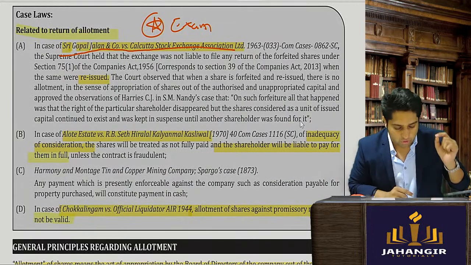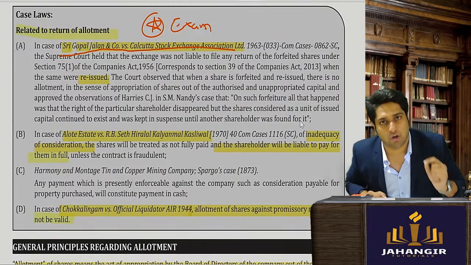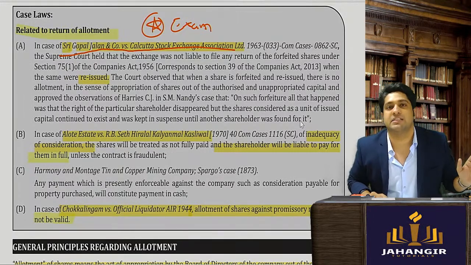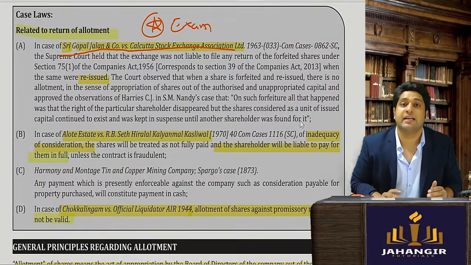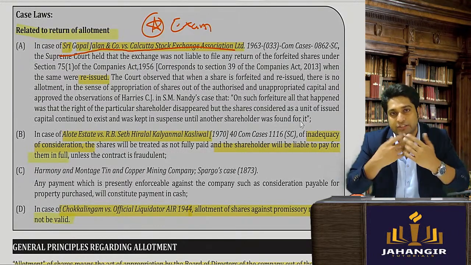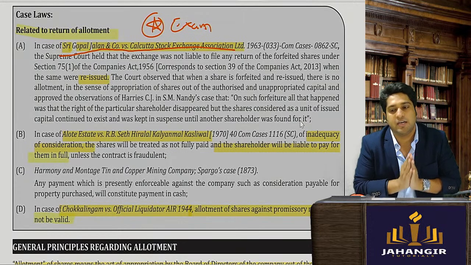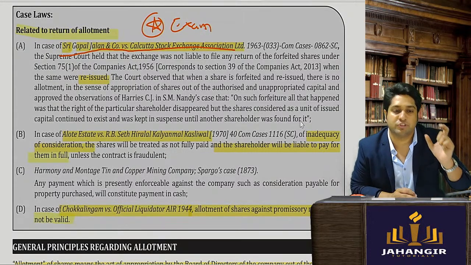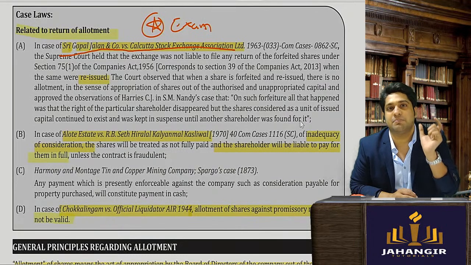Very good. So the answer under the case law is reissue of shares is not considered as allotment. It is instead considered as a transfer of shares, because I told you allotment means birth.